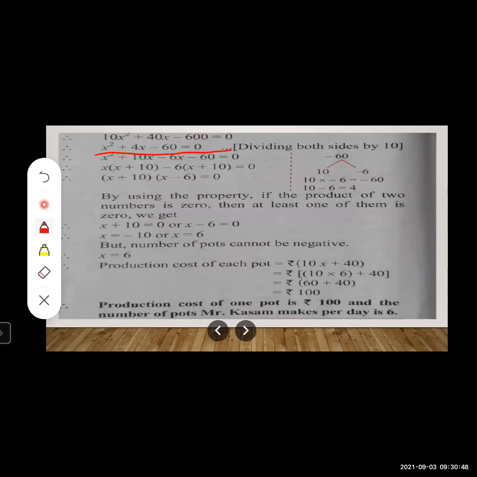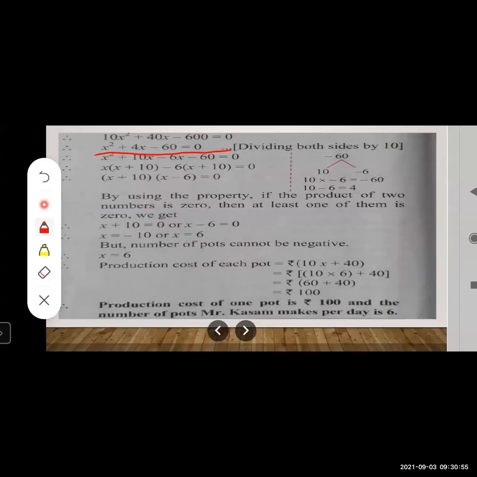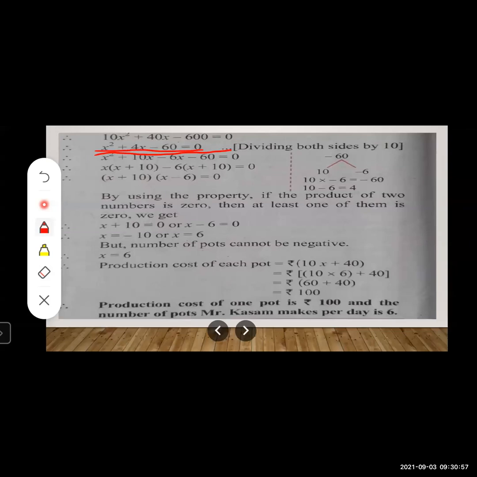Now what is your duty? You have to further simplify this quadratic equation by finding the solution, either by the factorization method, the completing the square method, or the formula method. Here I am using the factorization method.